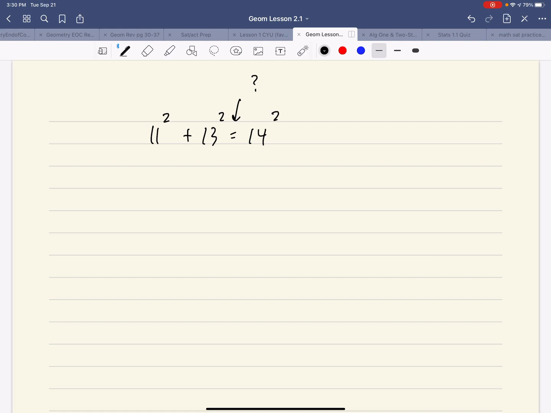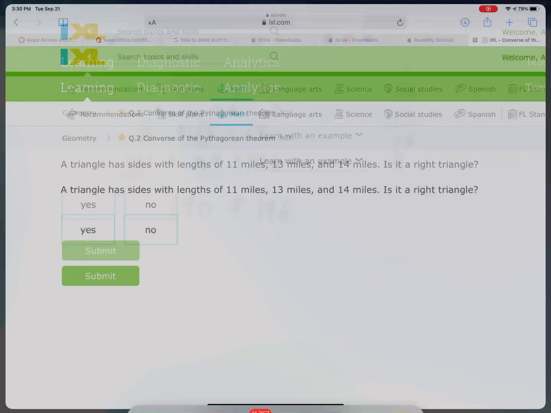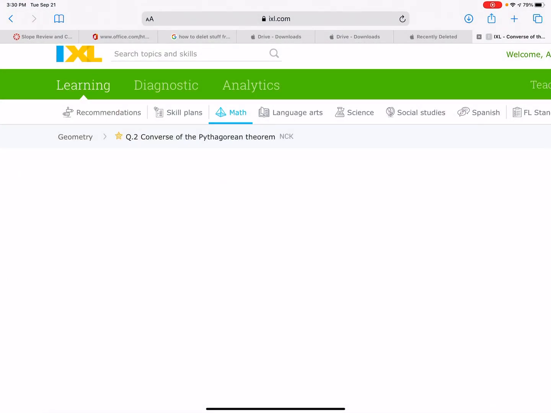We're asking if this is true. 11 squared is 121. 13 squared is 169. 14 squared is 196. Okay, so if we add these two, we say no. 290 is not equal to 196, so we go back to the assignment and say no.